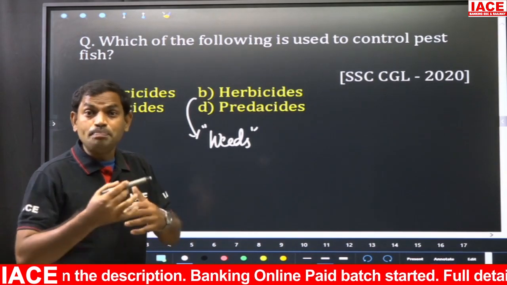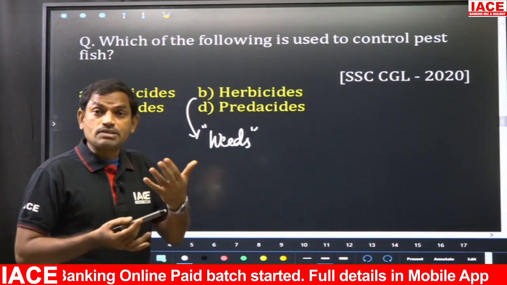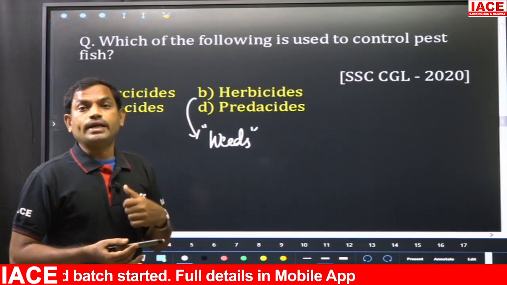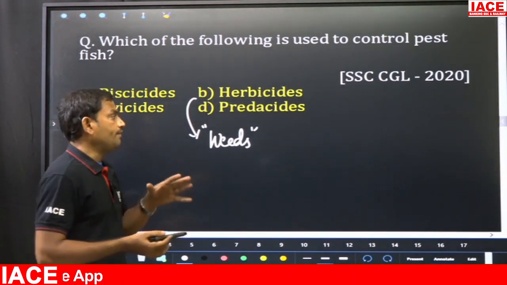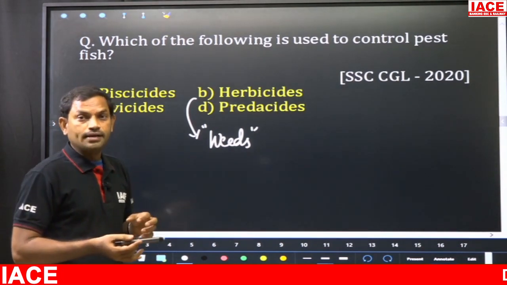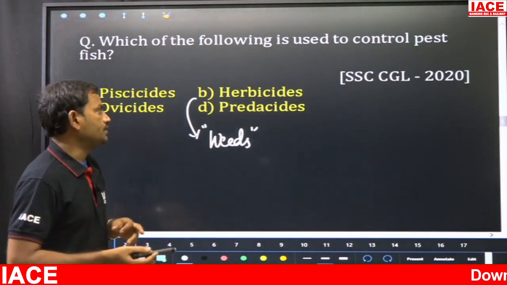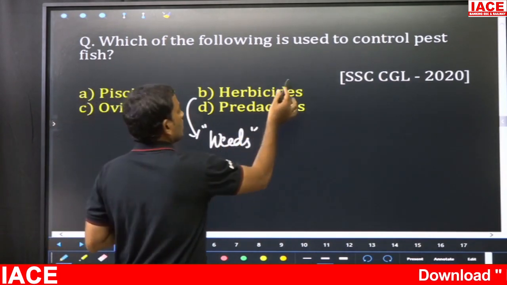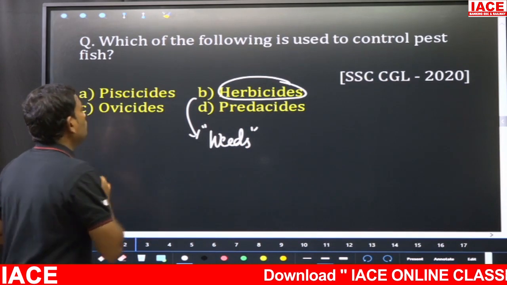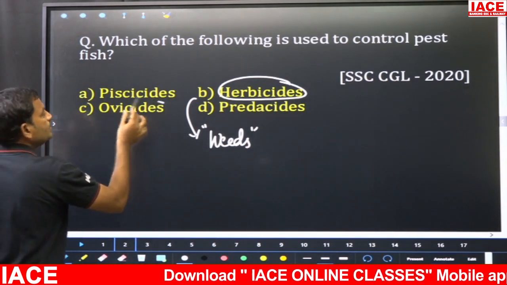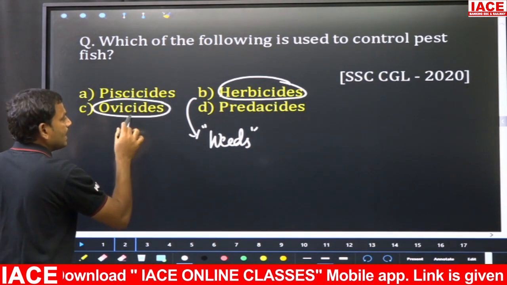Okay, so they compete with the crop plants and they extract whatever nutrients we are providing to the crop plant. So at the time, definitely the crop plants may not get a sufficient quantity of nutrients. So those chemicals are called what? Herbicides, right?